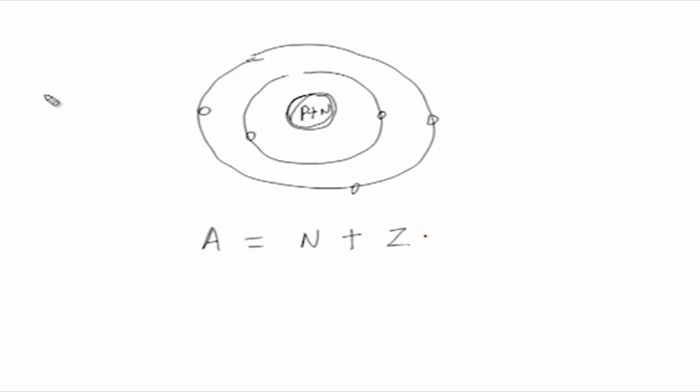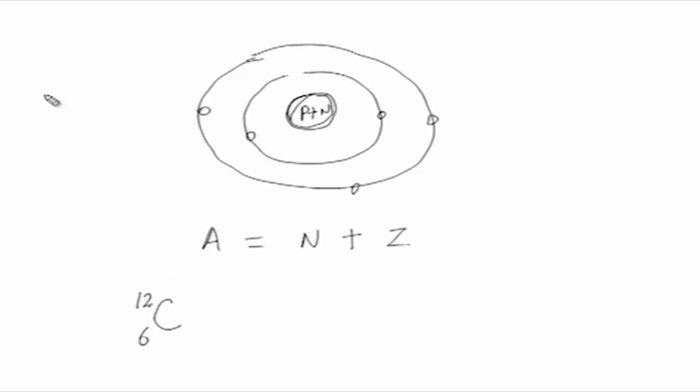Now, to take you further, for convenience we denote a particular atom by, say, carbon with a single letter C, oxygen by O, or nitrogen by N. This C will have a subscript and a superscript. The subscript gives the proton number or atomic number, and the superscript gives the atomic mass of that particular atom.